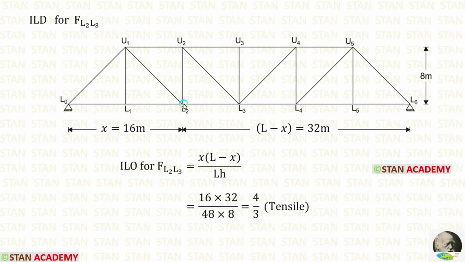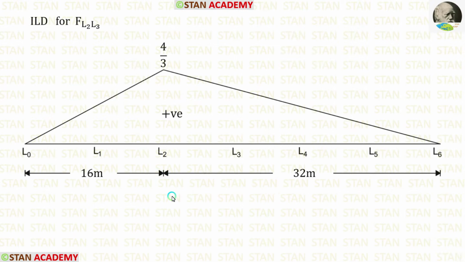Now let us make ILD for the force L2, L3. L2 and L3 are meeting in the point U2. So we have to make the ordinate in the point L2. We are getting the ordinate 4 upon 3. Using that we can make the ILD.